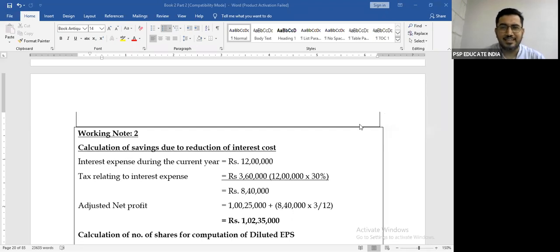So basically three accounting standards are left, 10, 22 and 9. Right? If someone could confirm that to me on the chat box, then it will be easy for me. You have three accounting standards left, 10, 9 and 22.